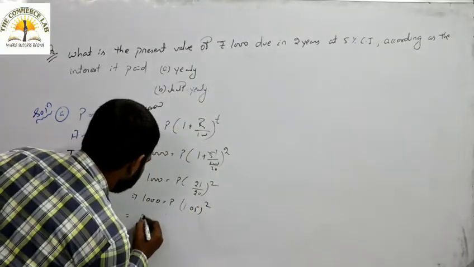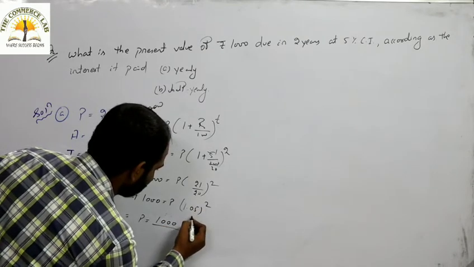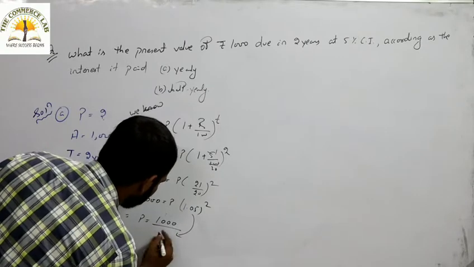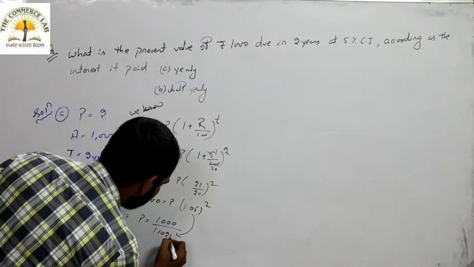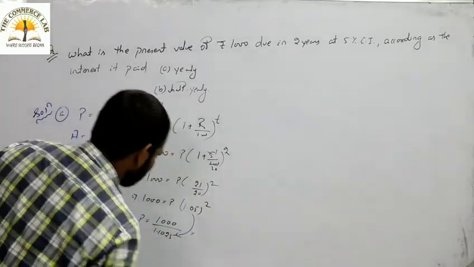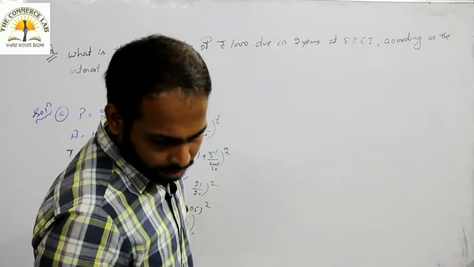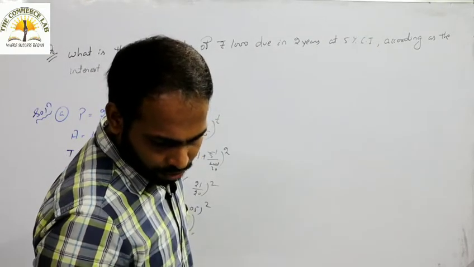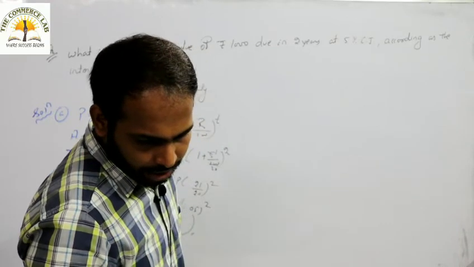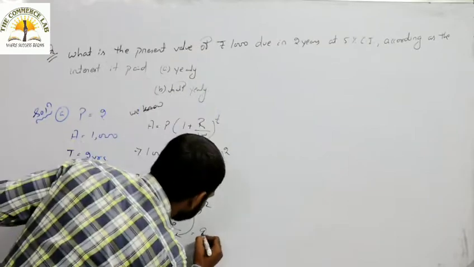This implies P equal to 1000 by 1.05 squared, which is 1.1025. So this implies 1000 divided by 1.1025, which is 907.029.